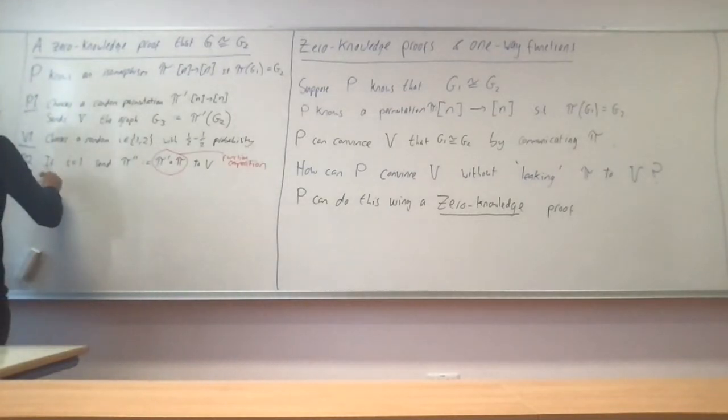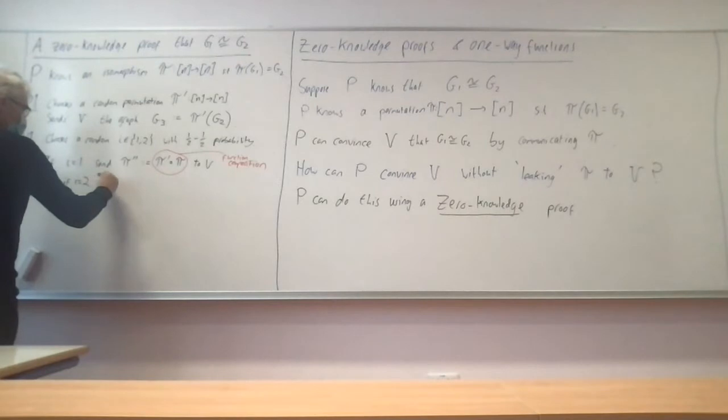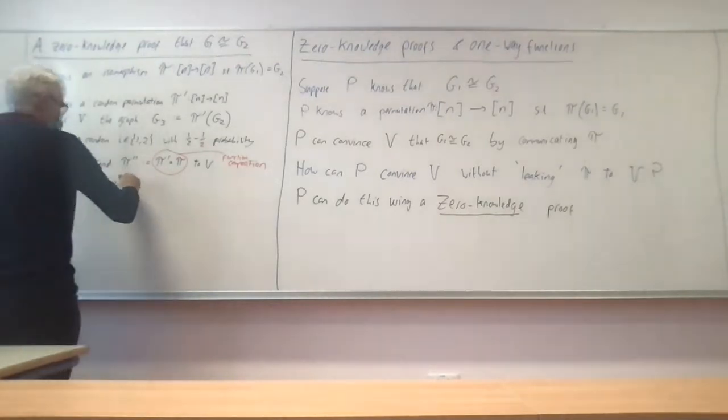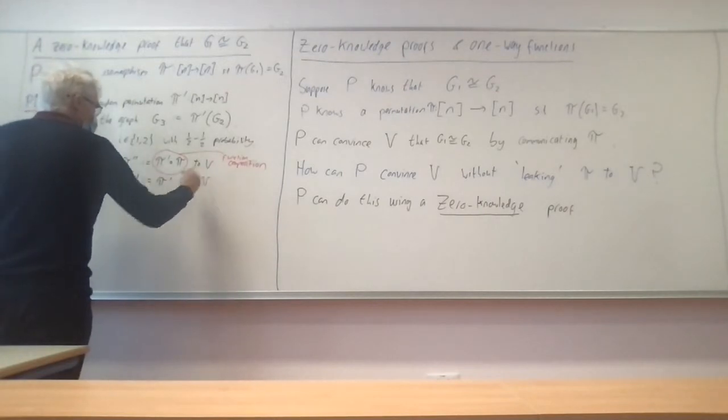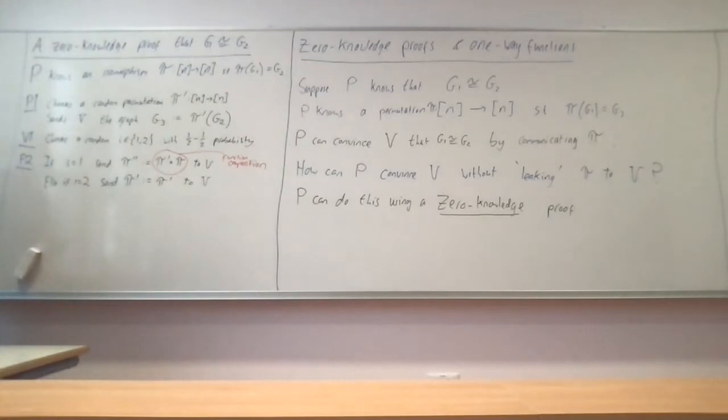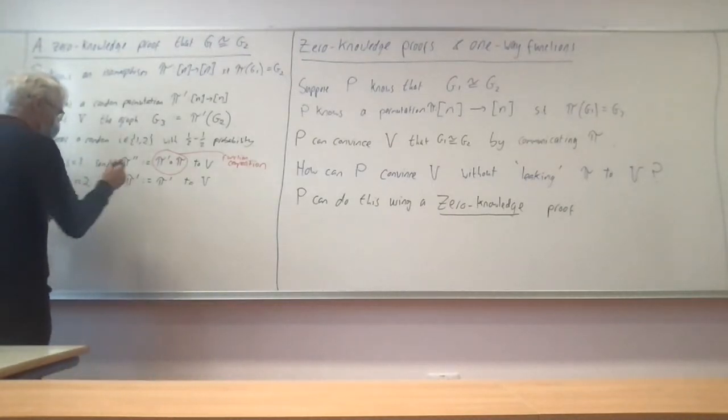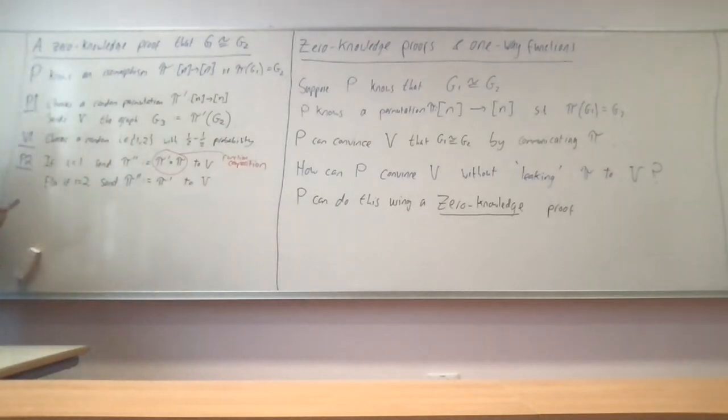Else, if i equals 2, which is the only other possibility for i, we simply let π″ be π′. So we're sending a permutation π″ to the verifier.